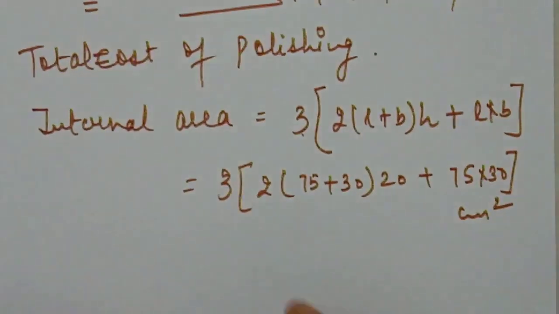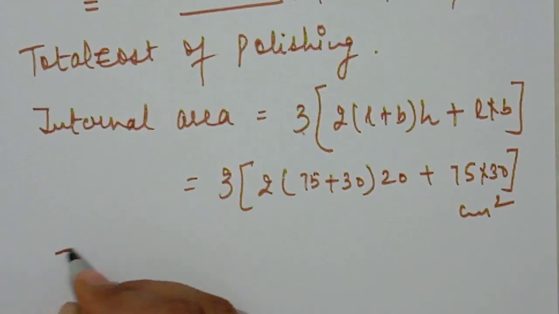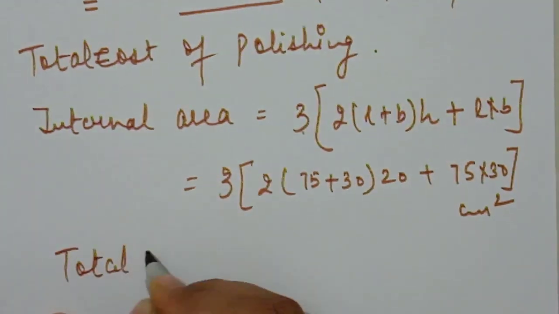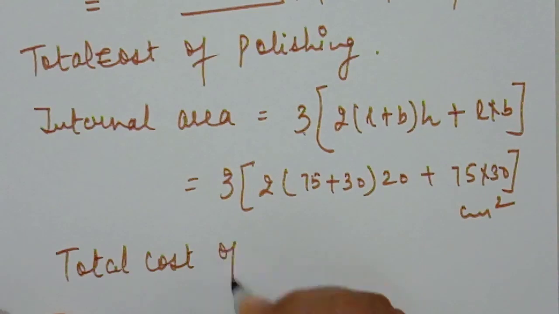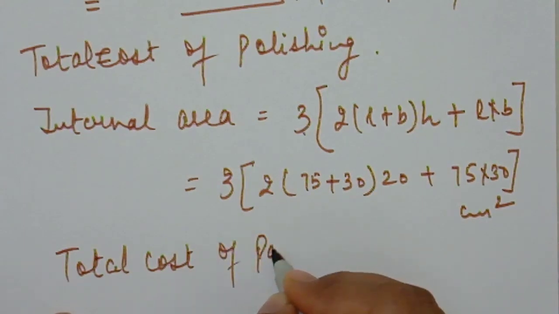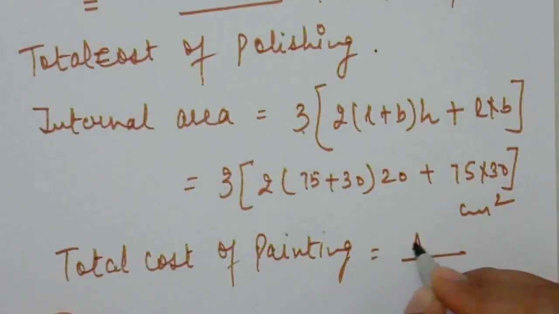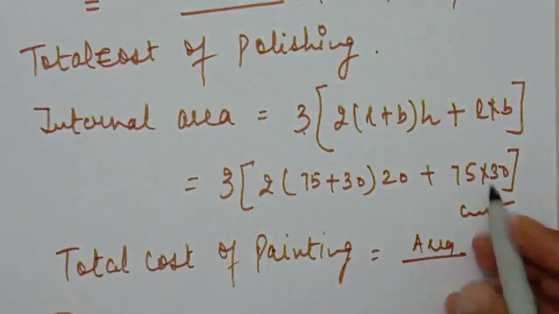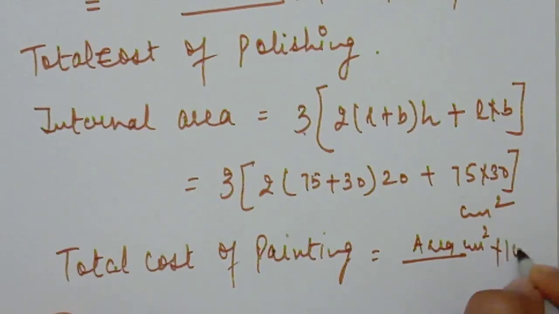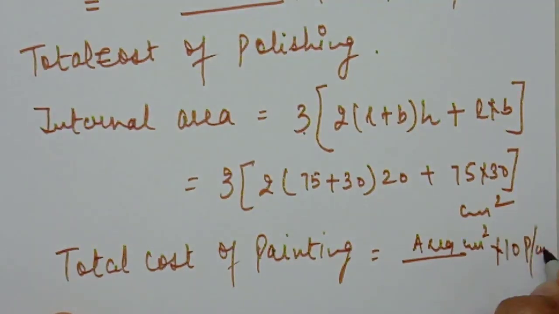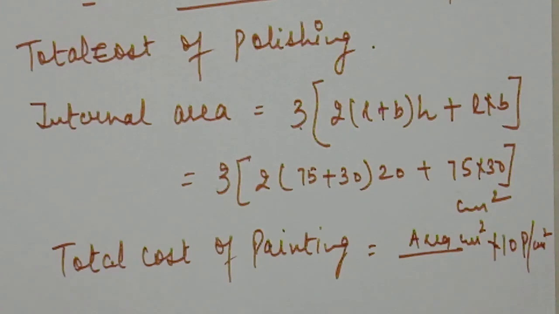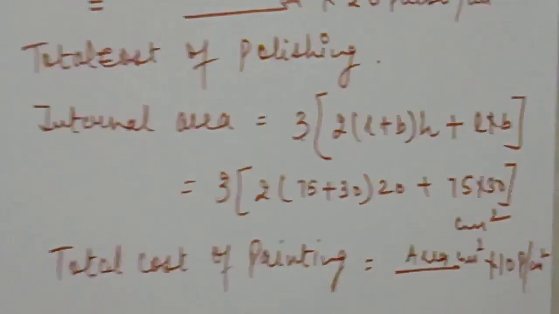Again students, we have to find the total cost of painting, because inside we are doing painting, so we have to take the total area, solve this total area in centimeter square, and then multiply with 10 paise per centimeter square. By this method you can solve this question and find the answer. Now the second question is also a very easy question.